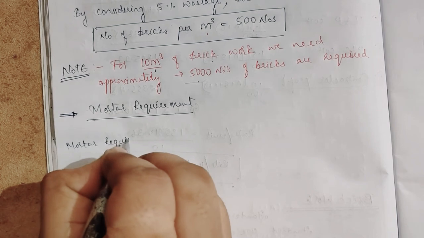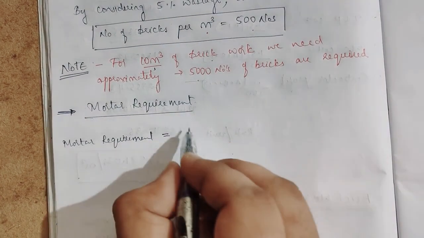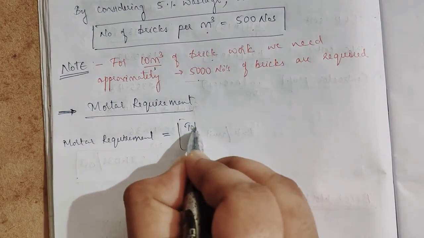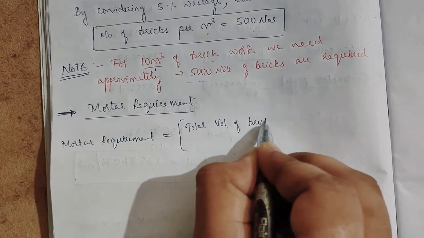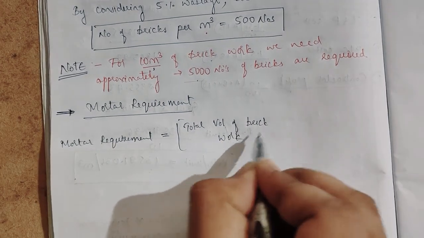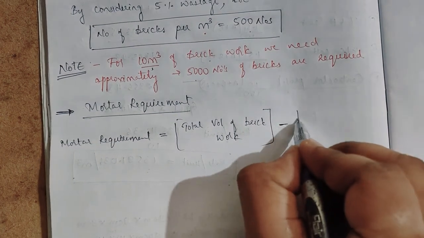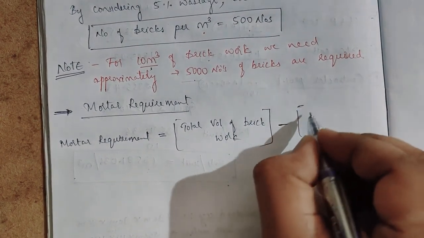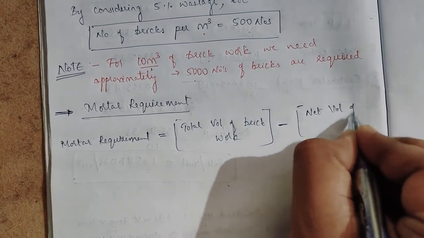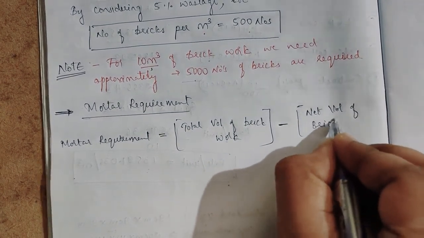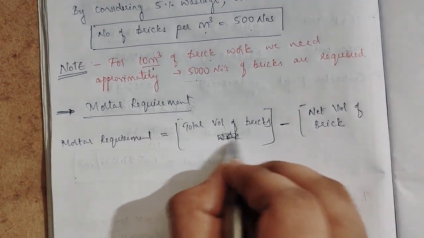So mortar requirement is equal to total volume of brickwork subtracting net volume of bricks. Okay, this is the total volume of bricks, not this work.